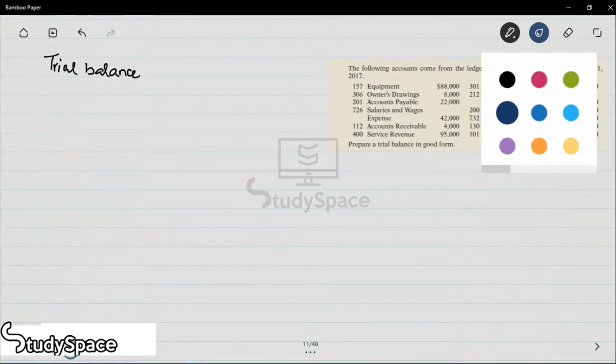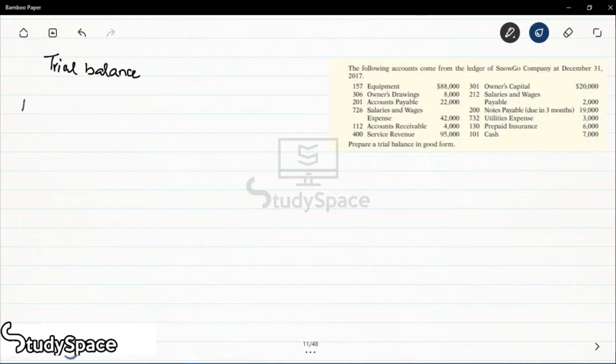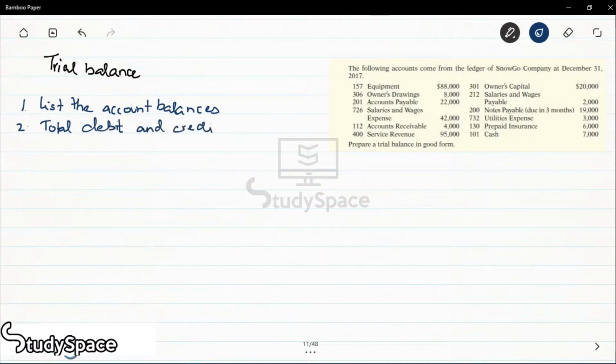Now, the main purpose of a trial balance is to show us the account balances at the end of the year or the fiscal month, to show us the debit and credit total balances, and finally, to show us that these balances match and are equal to one another, so to prove that the accounting system is not flawed.